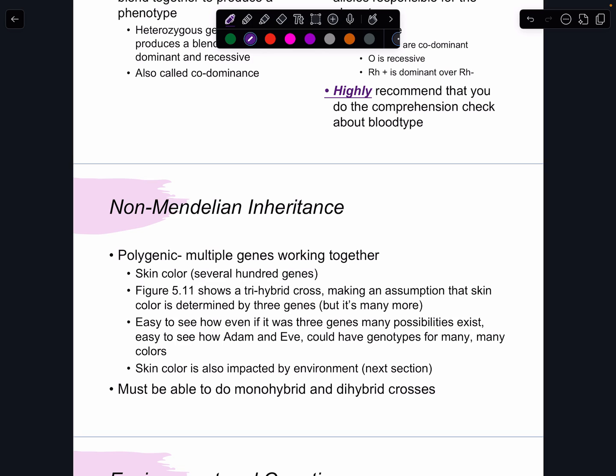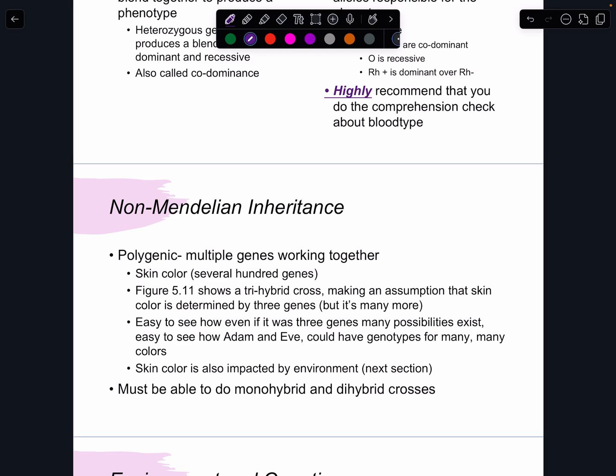But in actuality, there are many, many more genes that work together for skin color. And you can easily see how, even if it was just 3 genes, how many possibilities exist. And you can clearly see how Adam and Eve could have had genotypes for many, many skin colors. And then skin color is also impacted by the environment, which is in the next section. And we'll talk about that when I get back.